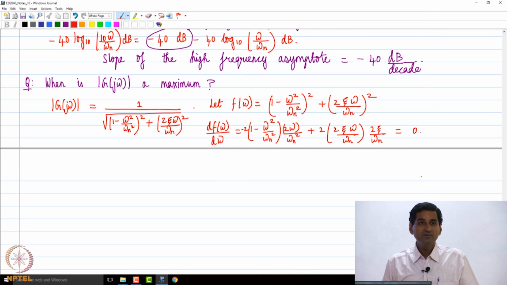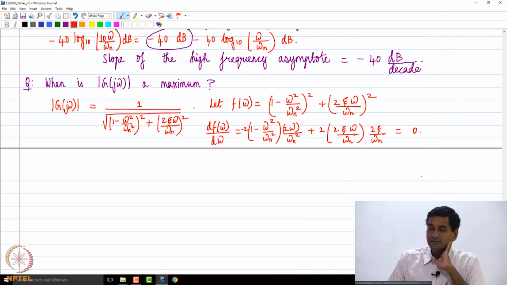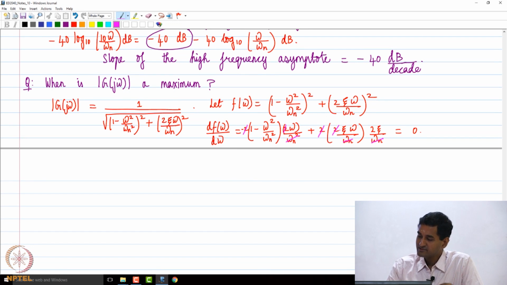Okay. Now, if I process this, what will I get for ω? Can you calculate and tell me? You can see that I immediately have this ωn squared cancelling off with this ωn, and this 2 cancelling off with these 2s. So what will I have?